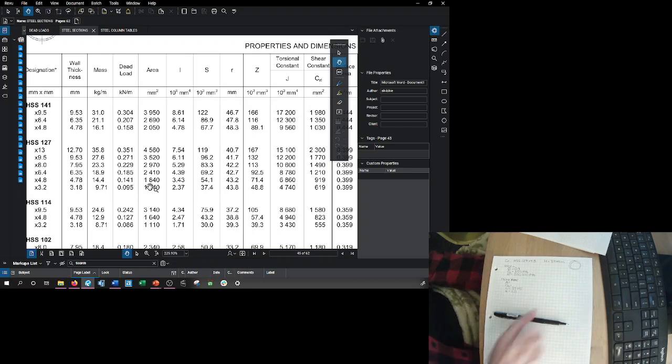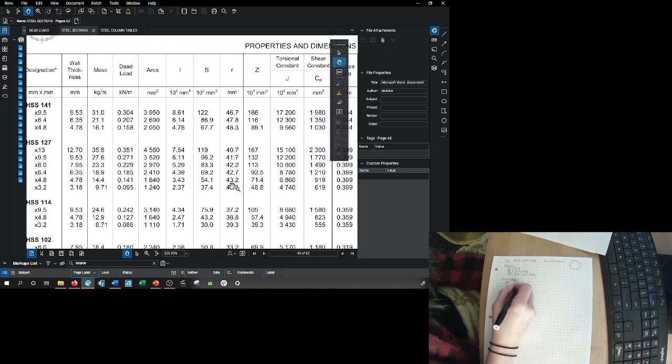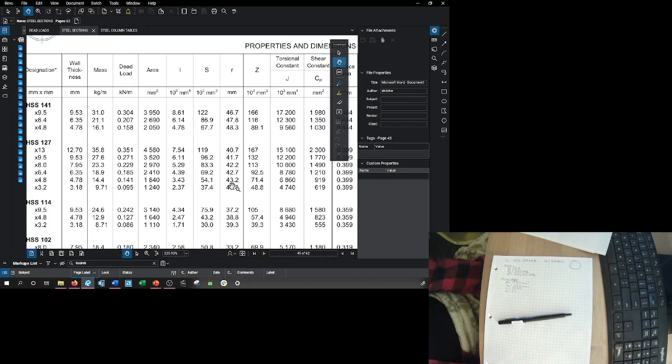We've got an area of 1,840 millimeters squared, and our RY is 43.2 millimeters. So it looks like those were the only things we needed from this.